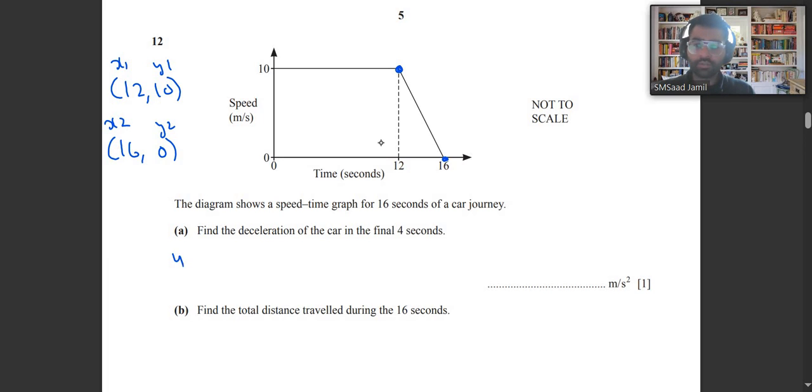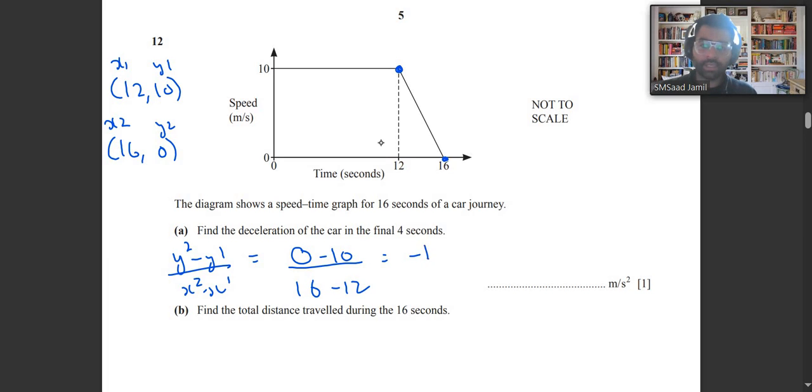So the formula is y2 minus y1 upon x2 minus x1. Okay. So y2 is 0, y1 is 10, x2 is 16, okay, and x1 is 12, so it's minus 10 upon, what is it? Minus 10 upon 4.